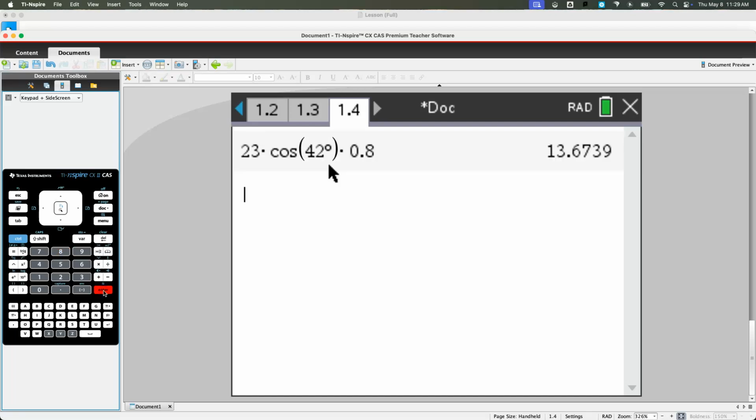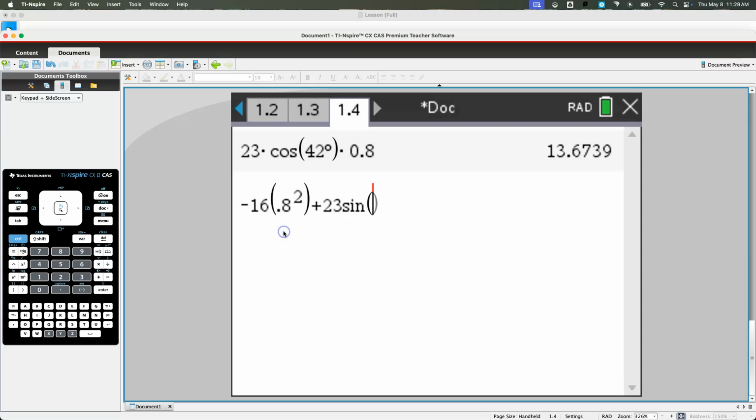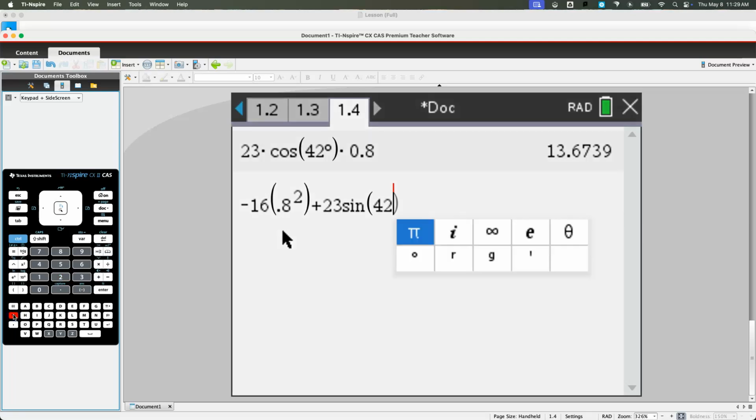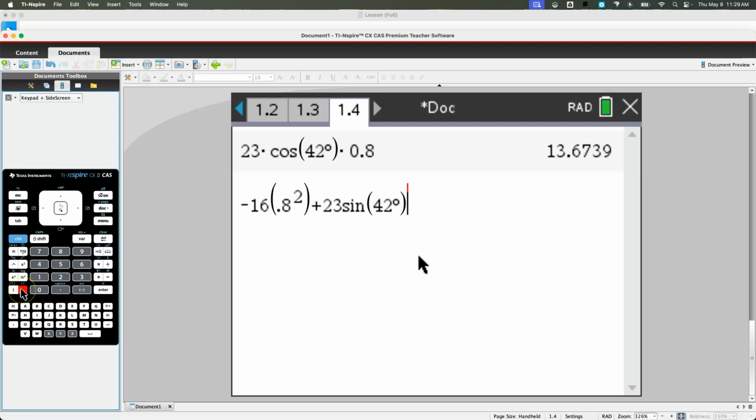So after 0.8 seconds, we are 13.67 feet away, and we are 4.072 feet above the ground. Okay? That's how we do that algebraically.